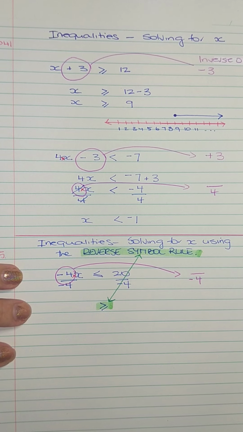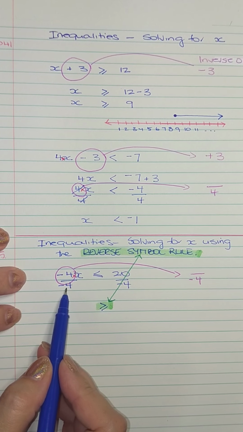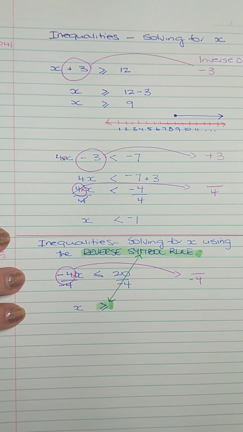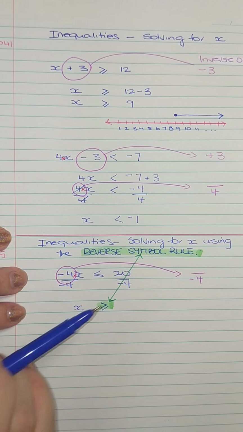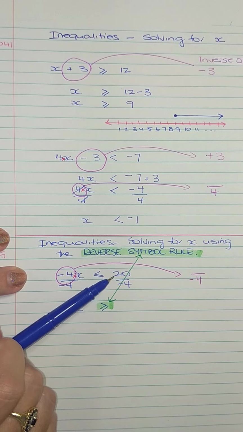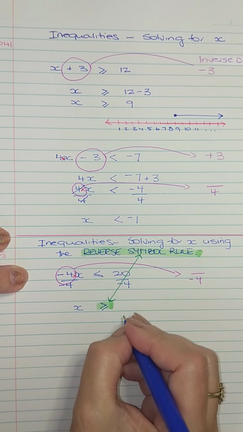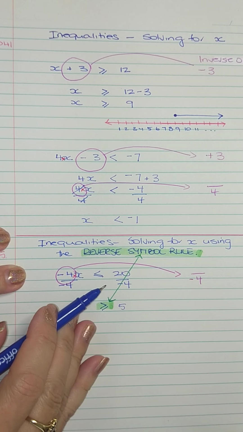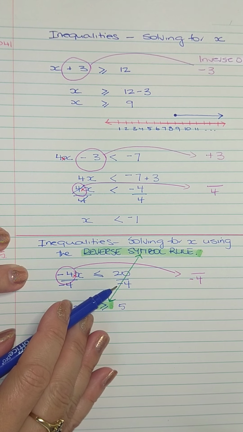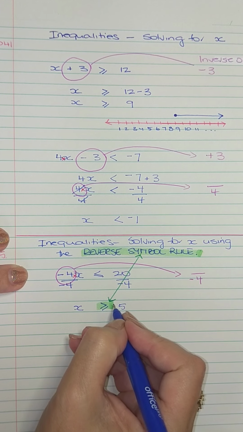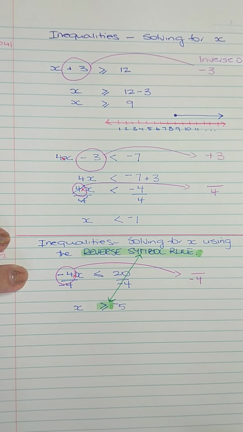All right, moving back to the mathematics, negative 4 divided by negative 4 is 1, so we just put an x in there because it's 1x. 20 divided by negative 4, well, let's just do the maths first. 20 divided by 4 is 5. A positive number divided by a negative number is a negative number, so do not forget to put your negative in there.